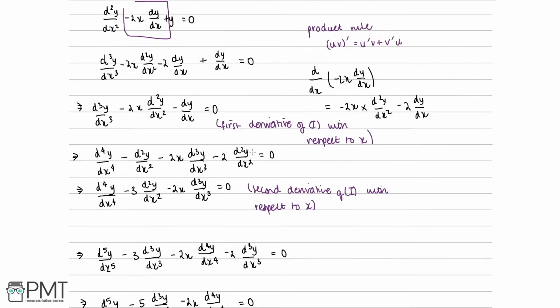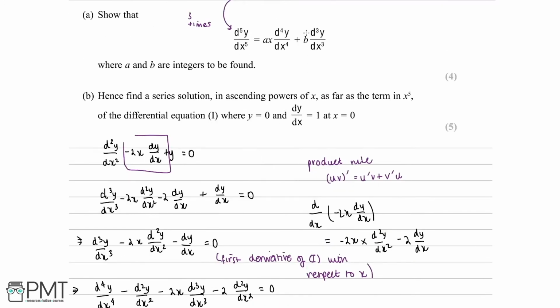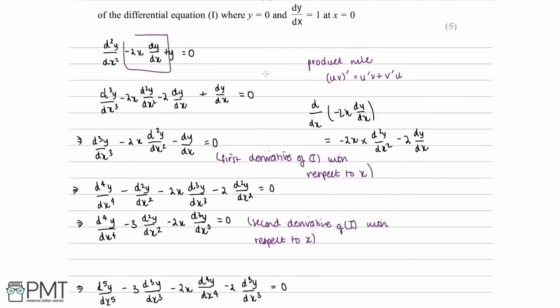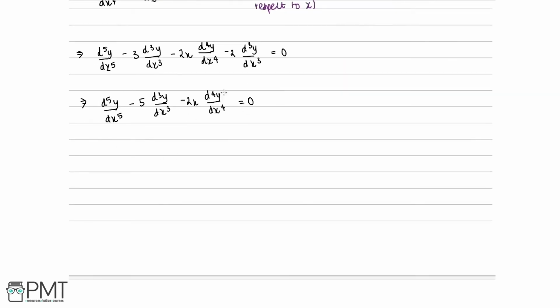Now our question wants our answer in the form of the fifth derivative of y is equal to ax multiplied by the fourth derivative of y plus b multiplied by the third derivative of y. And because our differential equation is equal to 0, we can move all of the terms that aren't the fifth derivative of y onto the right hand side to give you the fifth derivative of y is equal to 2x multiplied by the fourth derivative of y plus 5 times the third derivative of y.